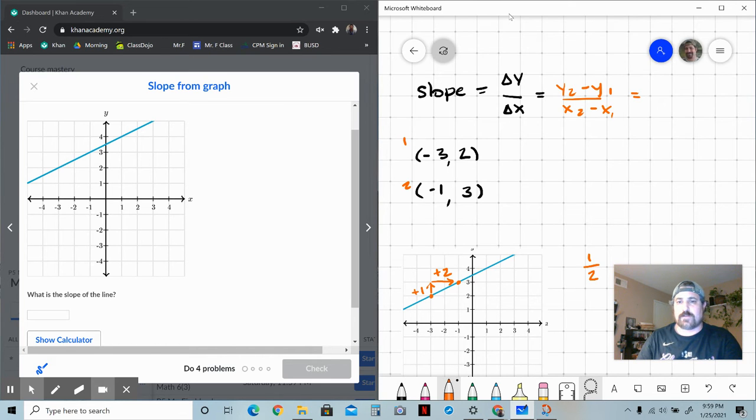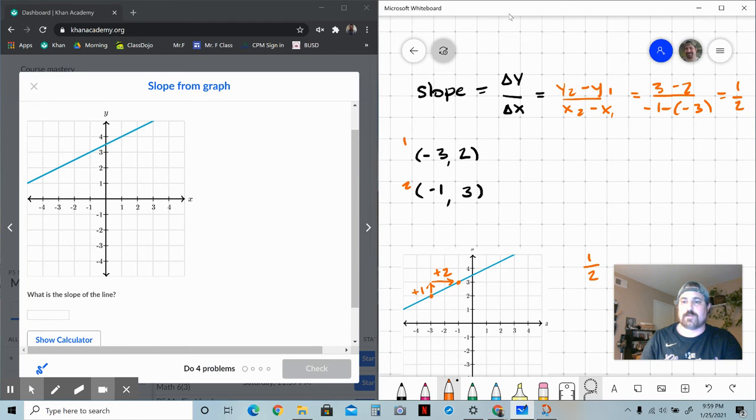So the difference in the y values is going to be 3 minus 2, right? y2 minus y1. And the difference in the x value is going to be negative 1 take away negative 3. Negative 1, and we're going to take away from that negative 3. Now, 3 minus 2 is, of course, 1. So I think we all can see that. And negative 1 take away negative 3 is the same as negative 1 plus 3, which is just going to be positive 2. So once again, you can see that very same value of 1/2.